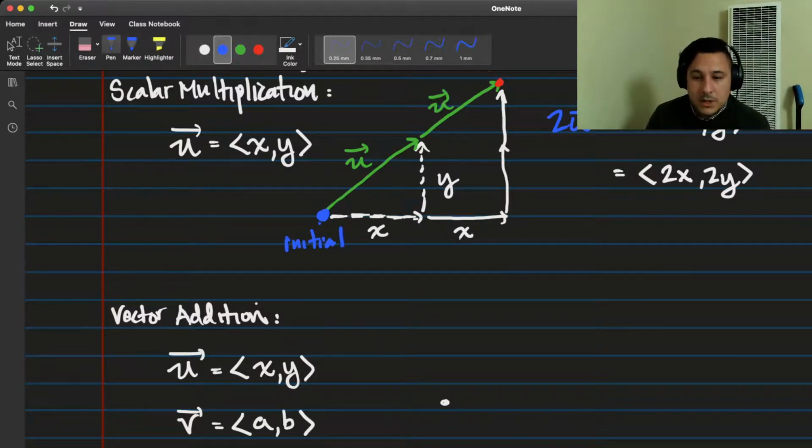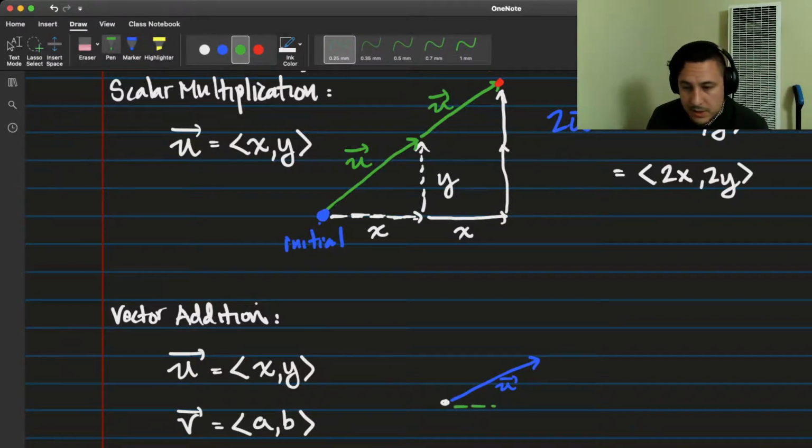Okay, so let's draw our u. So here's our u. We know that the way this works is you first travel x to the right, and then up by y.